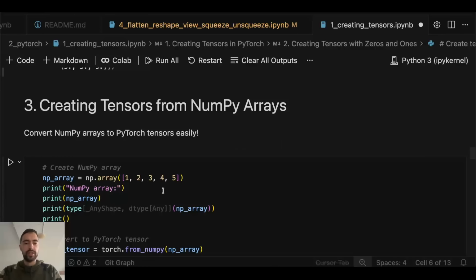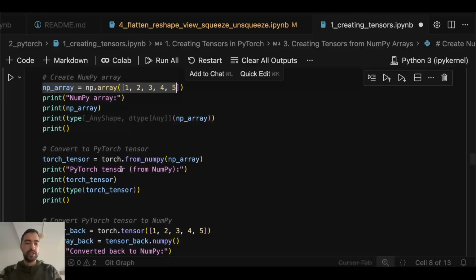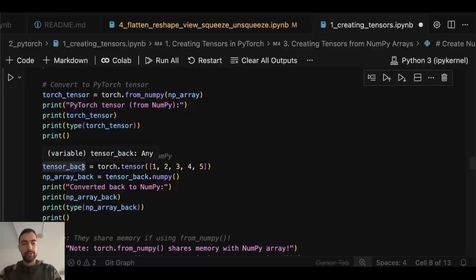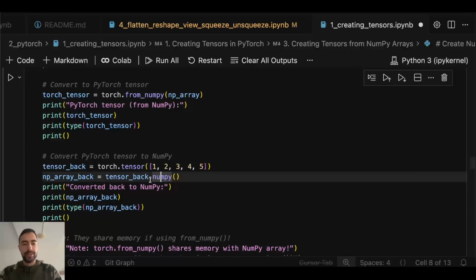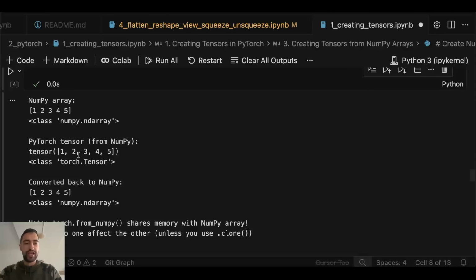You can also convert a numpy array to a tensor. If you have a numpy array, you just say torch.from_numpy to convert it into a tensor. And you can take the tensor and say .numpy to convert it back to a numpy array. If you check the classes, it's either going to be torch.Tensor or numpy.ndarray.